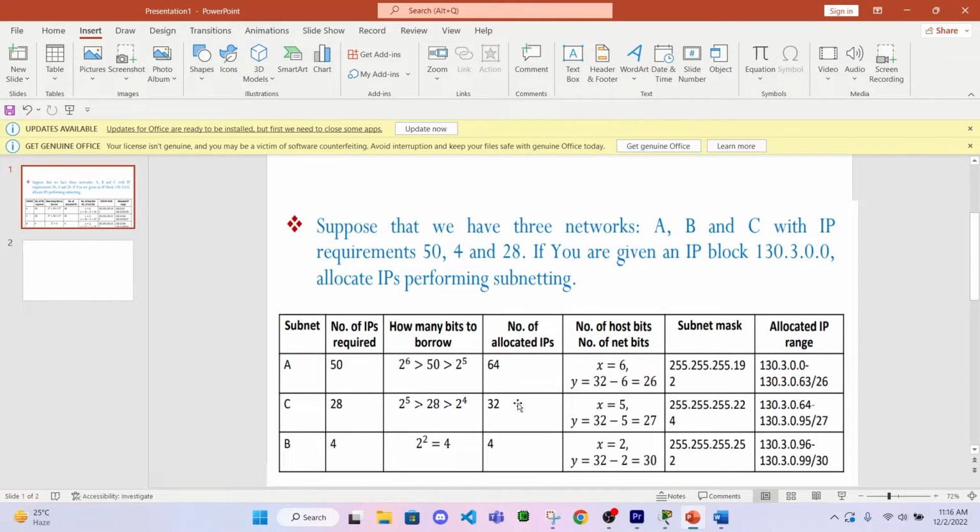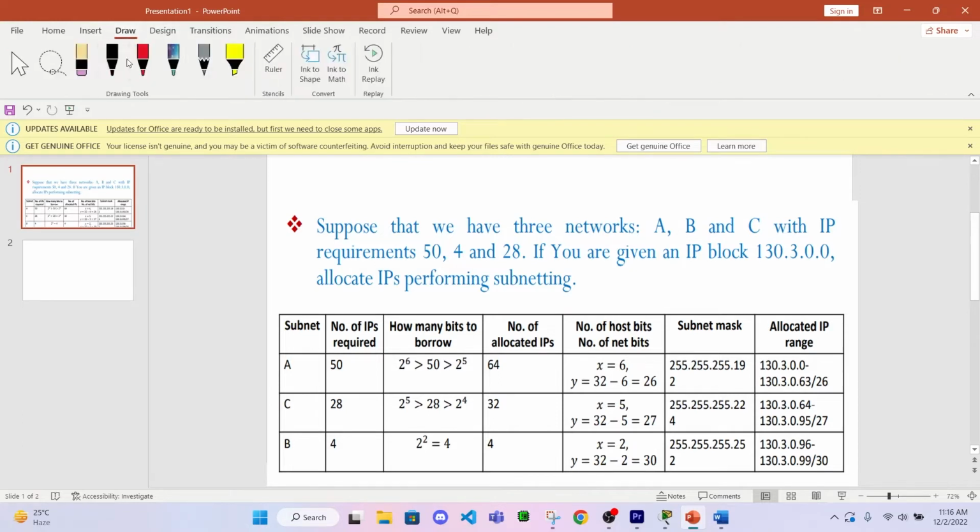Then comes the number of allocated IPs, and the number of allocated IPs is the highest power we write here. For network A, the highest value is 2 to the power 6, so 2 to the power 6 is equal to 64.